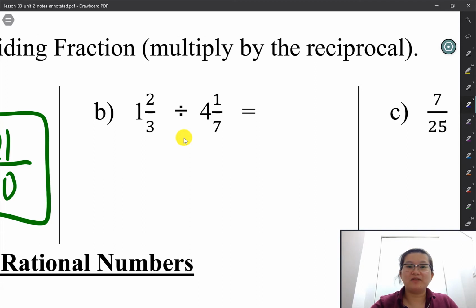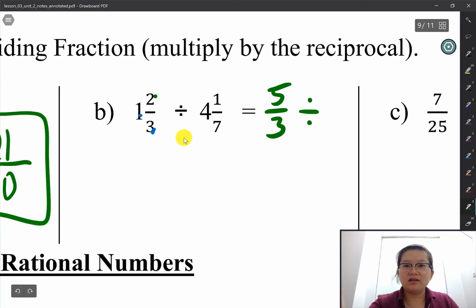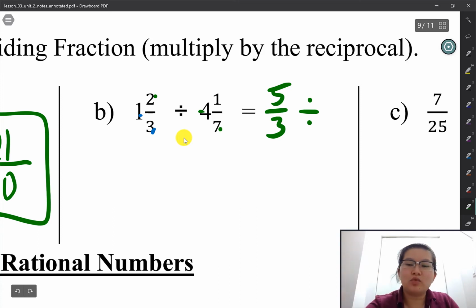Again, if I'm doing division, I need to convert these mixed numbers into improper fractions. So we should do that first. Here we have 1 times 3 gives us 3 plus 2 is 5 over 3. And I'm not going to do the reciprocal yet. Let's do the improper fraction first. 4 times 7 is 28 plus 1, 29 over 7.